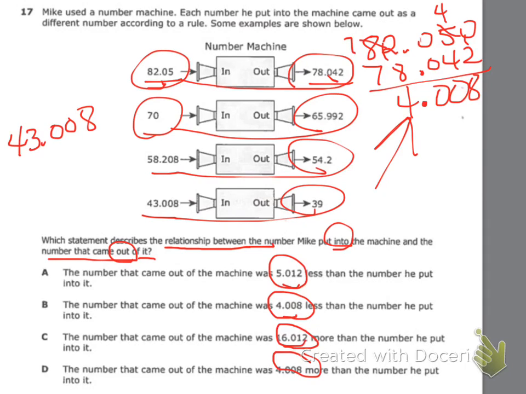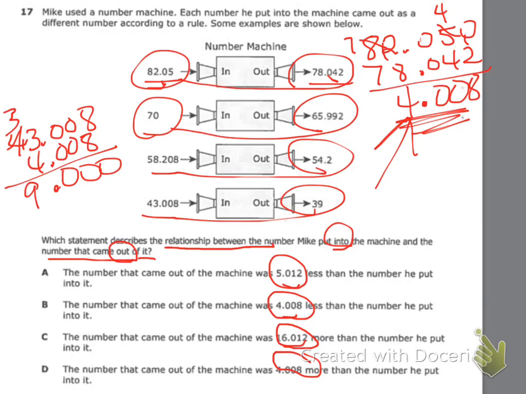And I'm going to subtract 4.008, which is this number right here. And I end up with 39, which is what this shows.